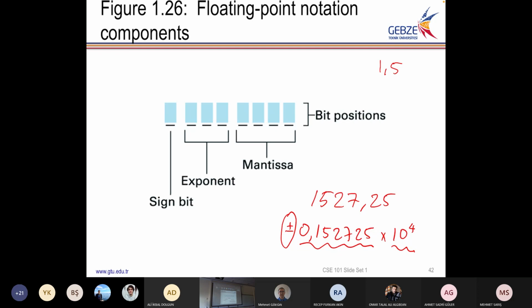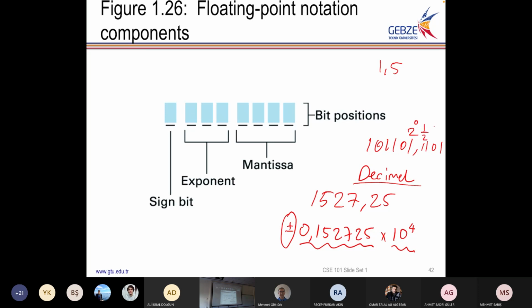So, but this is decimal. Can this be binary? Yes, something like this. I don't care. The problem is this is 2 to the 0, right?